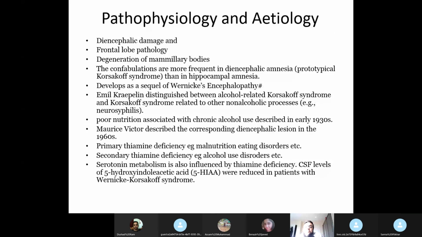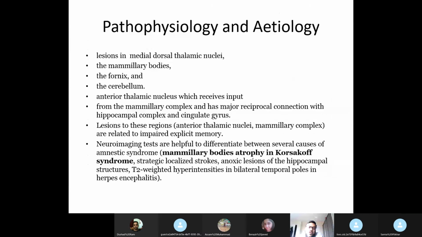Serotonin metabolism is also influenced, so it's worth checking the mood of the patient. They may go into depression if there is 5-hydroxytryptamine or serotonin deficiency, and sometimes CSF levels of 5-HIAA are deficient if you do the lumbar puncture and CSF examination, which should not routinely be done, but sometimes if you are doing it for other things, you can check the 5-HIAA levels if they're done in your country.